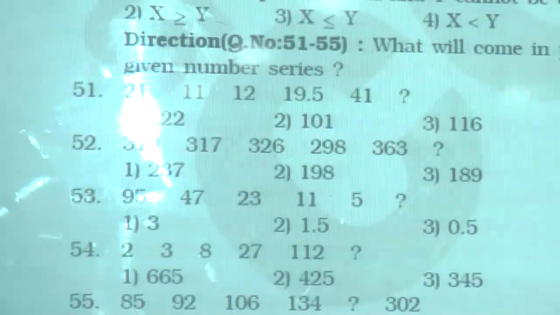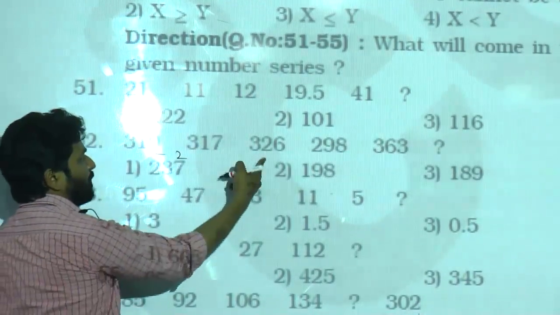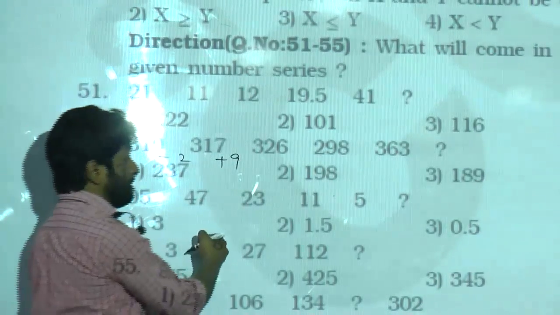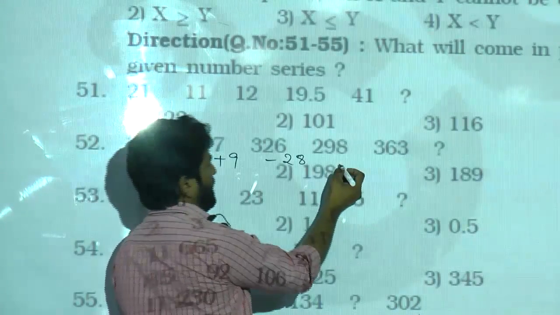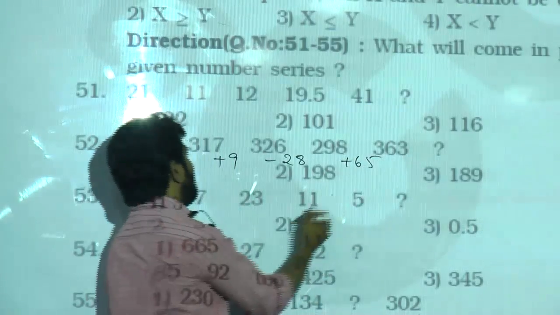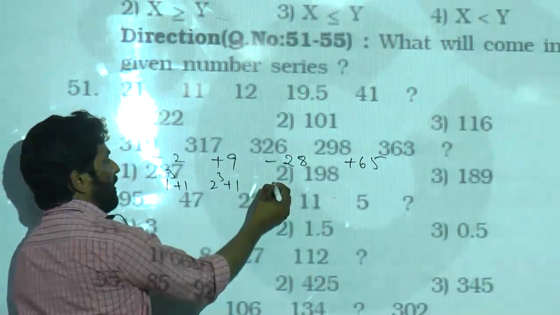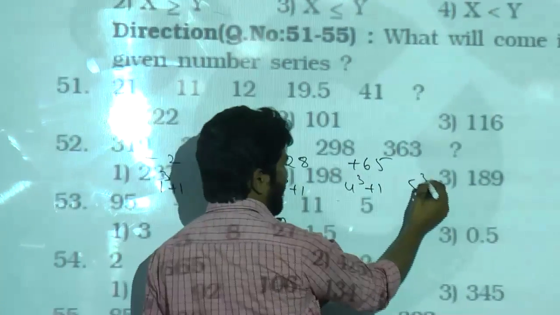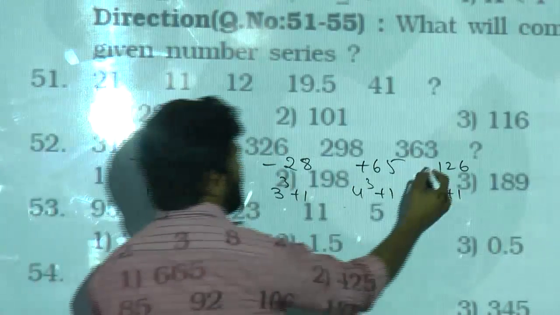Come on, difference. How much is the difference here? Minus 2, plus 9, minus 28, plus 65. 1 cube plus 1, 2 cube plus 1, 3 cube plus 1, 4 cube plus 1, 5 cube plus 1, 126. Plus minus alternate, so it should be minus.